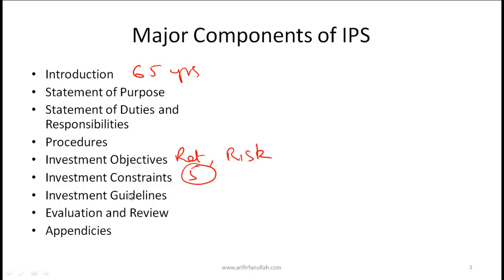This section provides information about how policy should be executed and on specific types of assets excluded from the investments, if any. And then we have evaluation and review. So this provides an explanation or guidance on how we obtain feedback on investment results. And finally, we have appendices which will talk about strategic asset allocation, rebalancing policy, and so on, which we will again discuss later in this presentation.